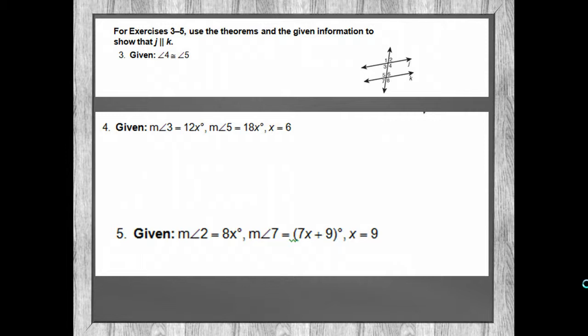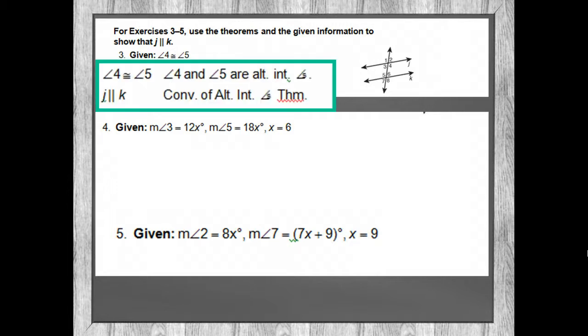Let's look at some problems. For exercises 3 through 5, use the theorems and the given information to show that J is parallel to K. So in number 3, we're given that angle 4 is congruent to angle 5. Well, these would be alternate interior angles. If they are congruent and they are alternate interior angles, then J is parallel to K by the converse of the alternate interior angles theorem.